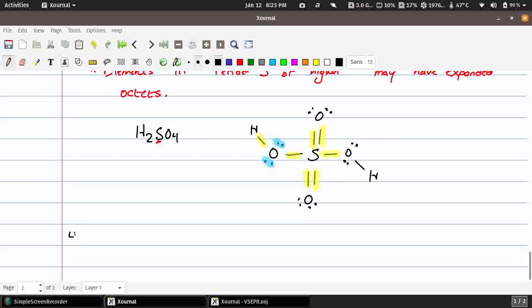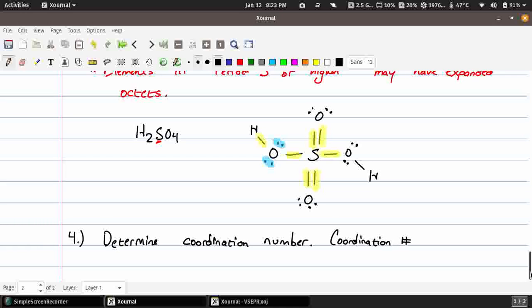Alright, so the next step is to determine your coordination number. There's multiple ways to do this, really. Coordination number is a number of electron pairs.